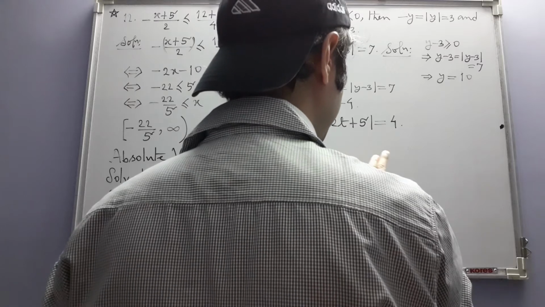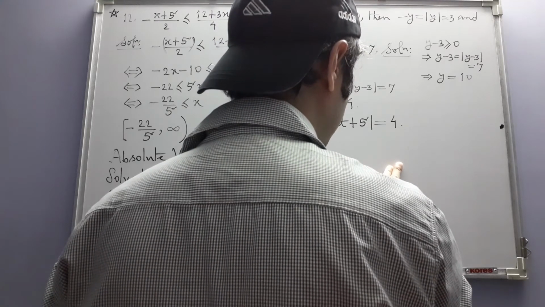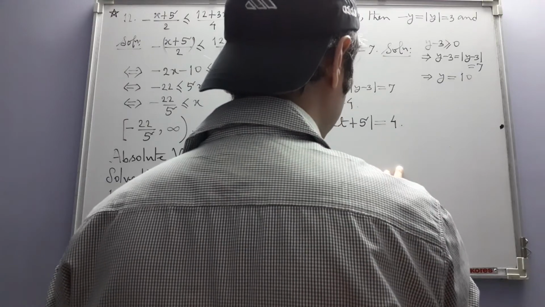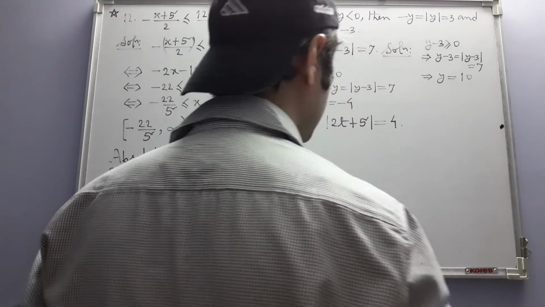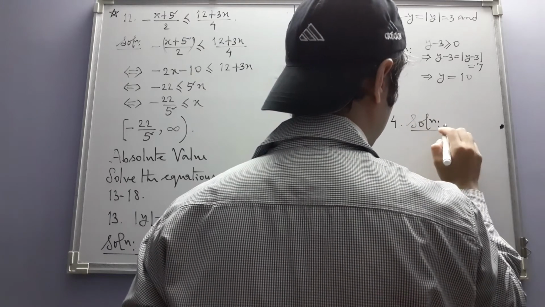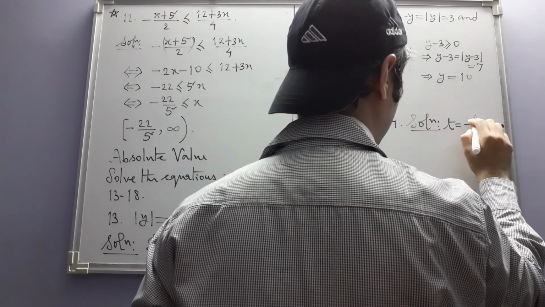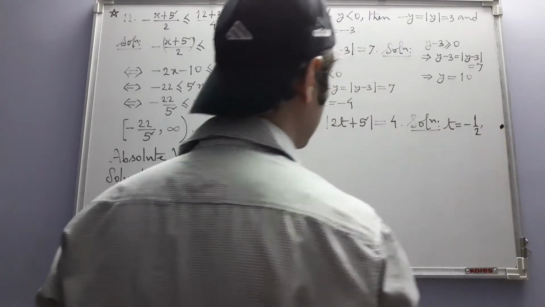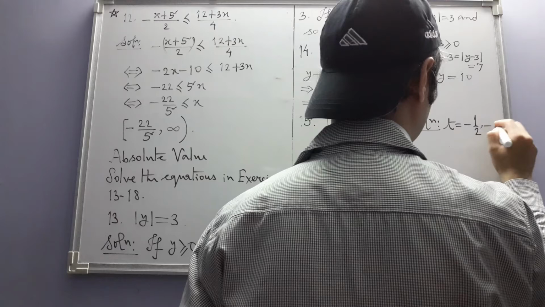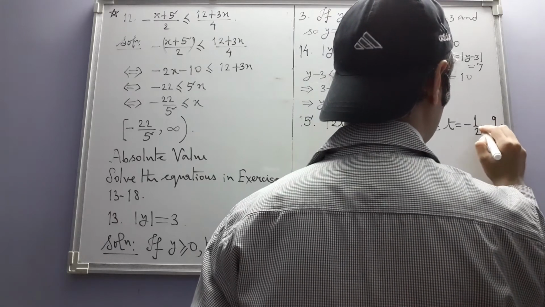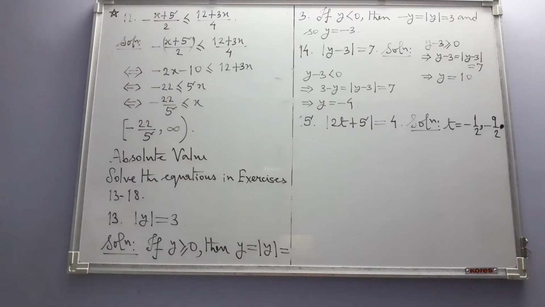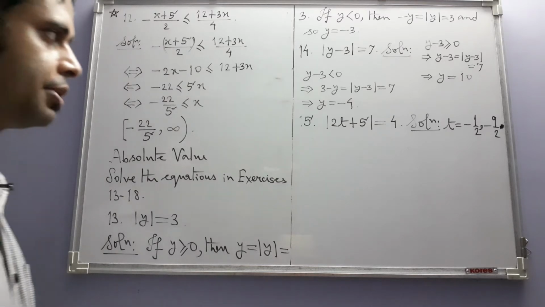If 2t plus 5 is equal to 4, that means t has to be equal to minus 1 by 2. This is one value, and if it is equal to minus 4, then t is equal to minus 9 by 2. Minus 1 divided by 2 and minus 9 divided by 2.